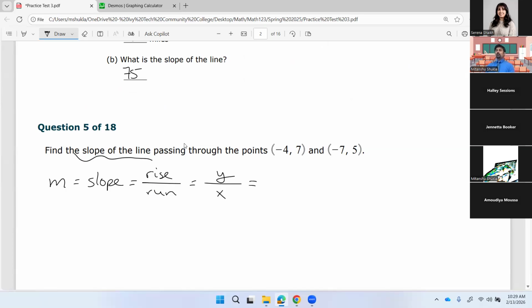What specifically about these things is actually telling us the value of a slope? Well, it's really something that's called a change in y over a change in x.